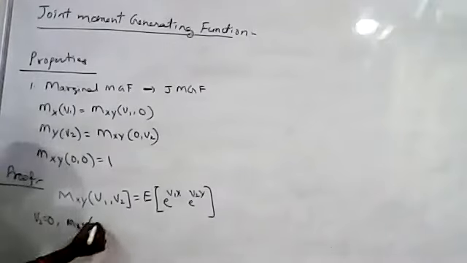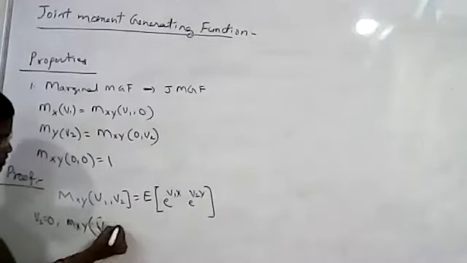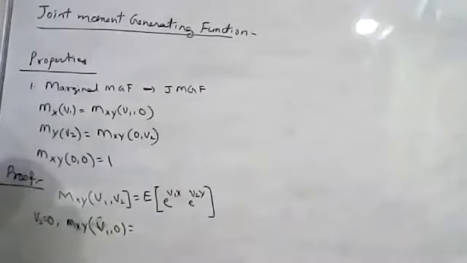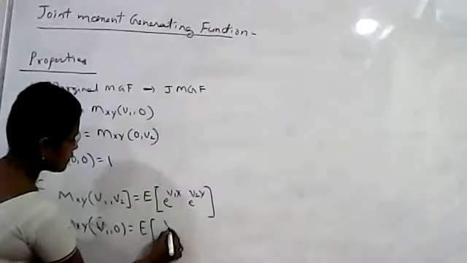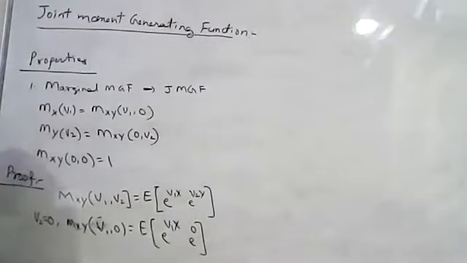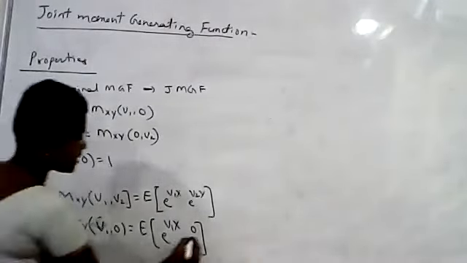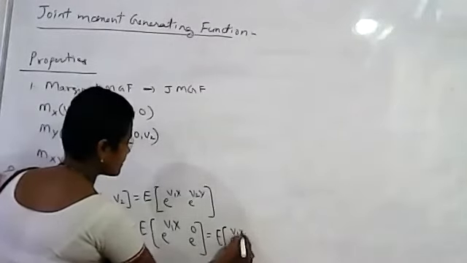Then M_XY(v1, 0) is the expected value of e^(v1 X), since v2 is 0 we get e^0, and e^0 is 1, so we get the expected value of e^(v1 X).